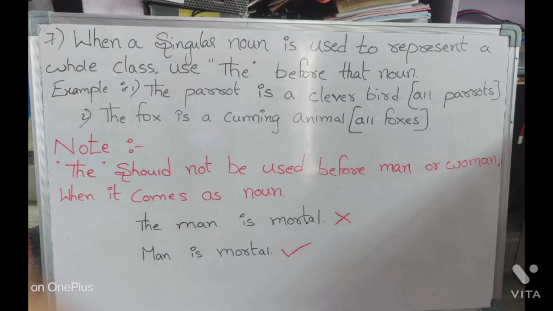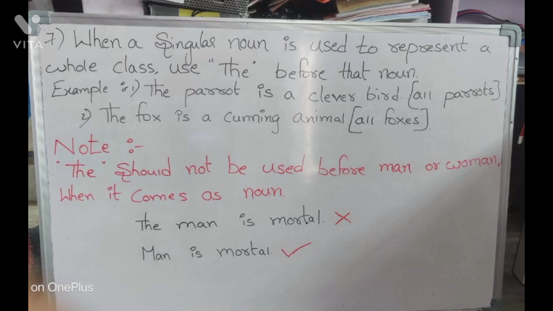Though they are nouns, when man or woman is used in a sentence like this, we should not use the article. "The man is mortal" - we should not say like that. That is a wrong sentence. We have to say "Man is mortal." That is the right sentence.